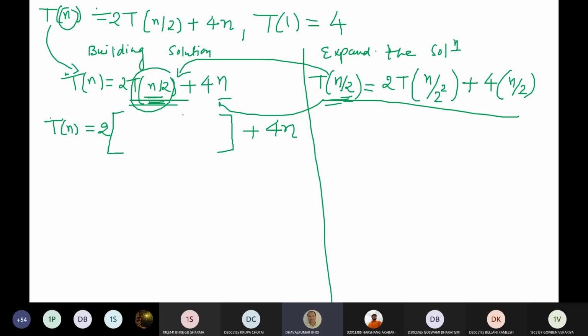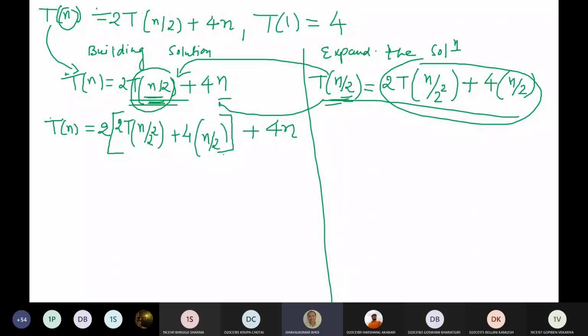Between the square bracket, you have to put the values that you received for t of n divided by 2. So what you require to write down here is 2t(n/2 square) plus 4 into n divided by 2.